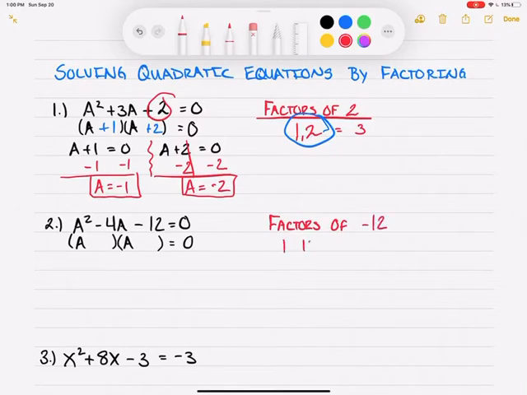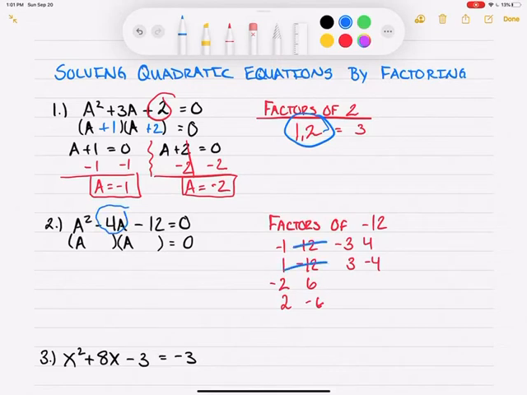So I have 1 and 12, 2 and 6, and 3 and 4. Remember, one has to be negative, one has to be positive. That's why I wrote them down twice, because we're looking at the factors of negative 12. So I need the factors of negative 12 that are going to add up to be negative 4.